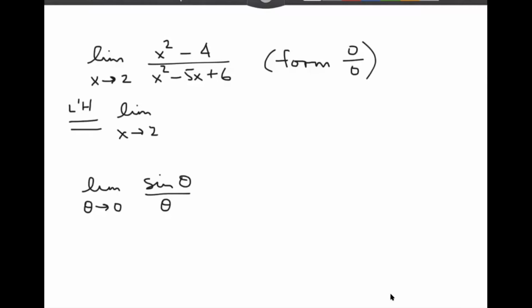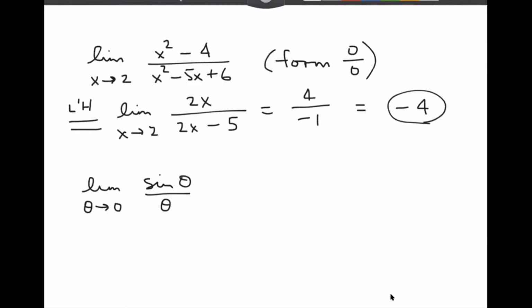The derivative of x squared minus 4 is 2x. And differentiate the bottom. The derivative of x squared minus 5x plus 6 is 2x minus 5. And now I'll try again. 2 times 2 is 4. 2 times 2 minus 5 is -1. Oh my gosh, look at that. It's like magic. It gives me the same answer we got before.